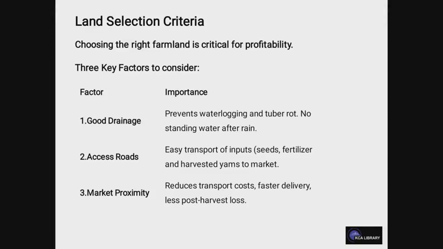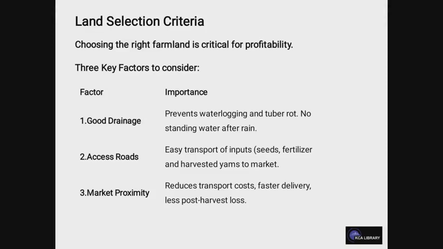The last is the market proximity. Looking at whether the road is good is not the only thing. You have to look at how far or near it is to the market, because it determines how reduced the transport cost will be.